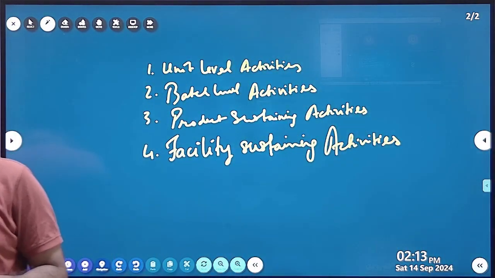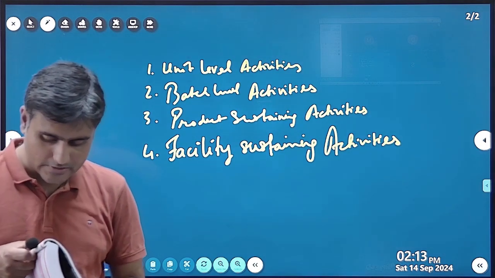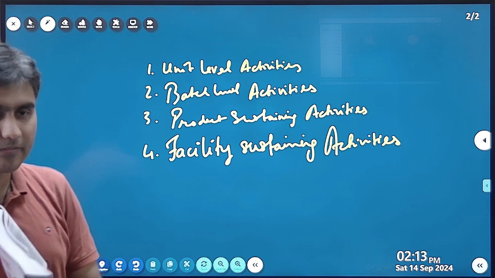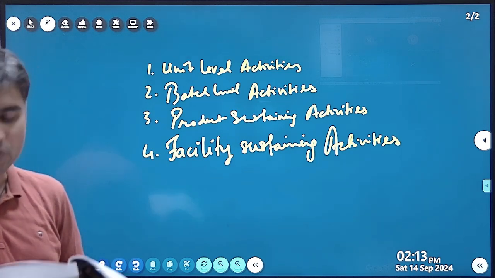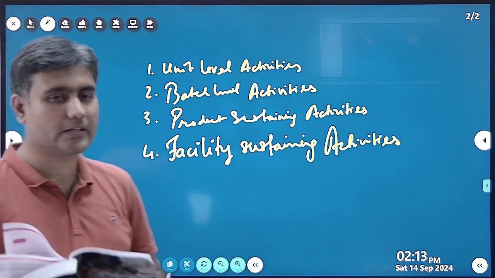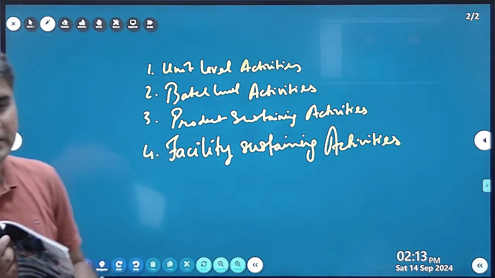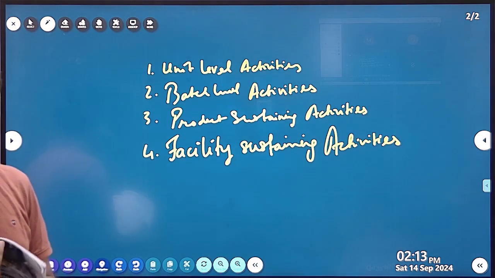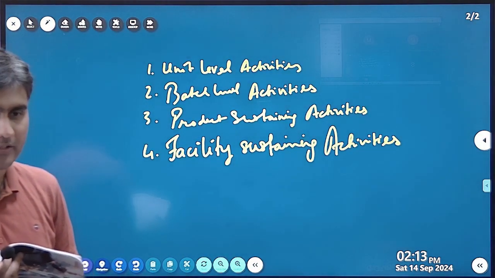Unit level activities means activities that are performed whenever a unit of the product is manufactured. Say, what are the activities that you have to perform to manufacture a soap? All these activities will be unit level activities.